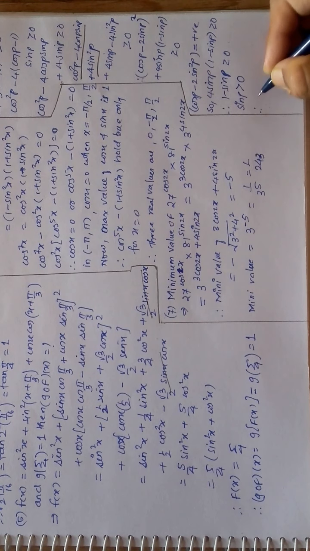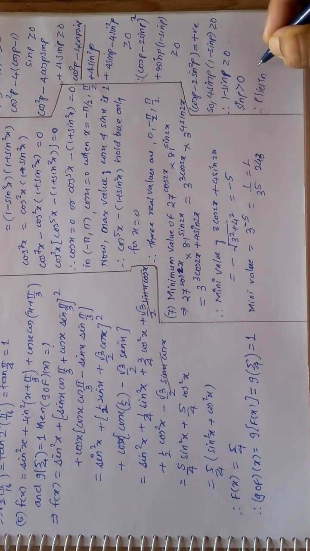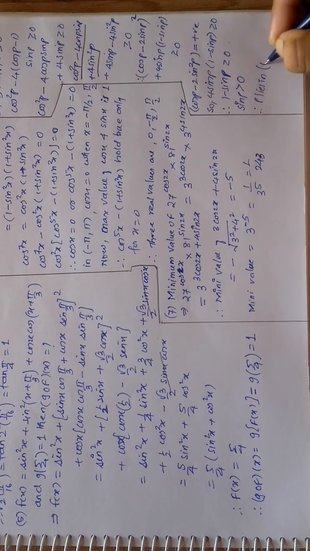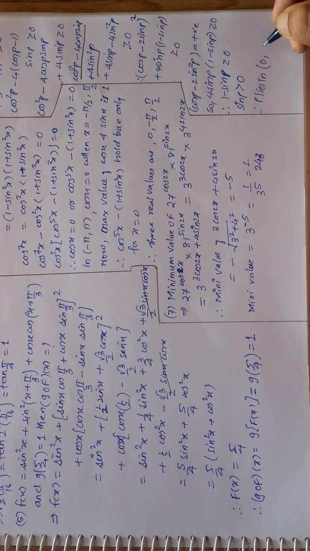Therefore p lies in the interval, that is, p lies in the open interval from 0 to pi, not including 0 and not including pi. Okay. Was it interesting? Yes. You just have to think of the answer for why sin p is only greater than 0.